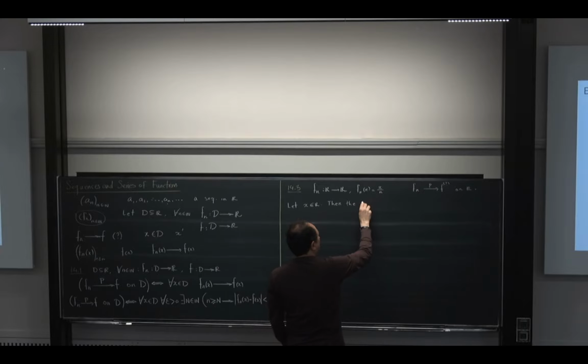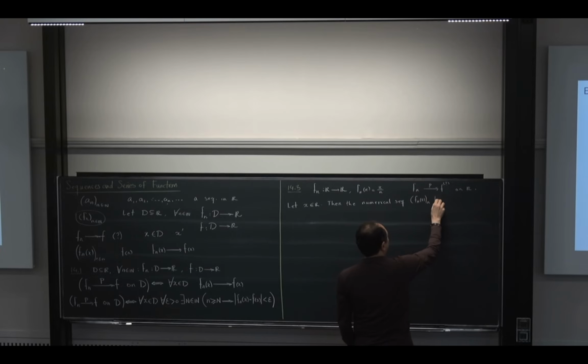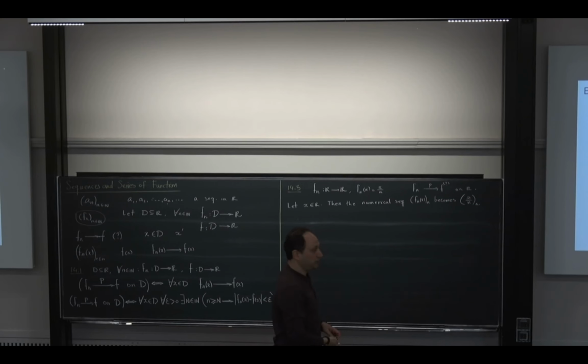The numerical sequence f_n of x becomes x over n. But again, don't think you have two variables. You have only one variable here. x is fixed, n changes.